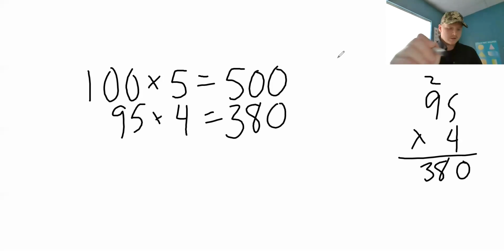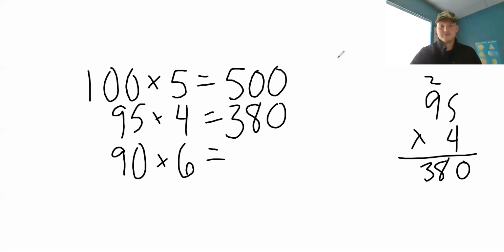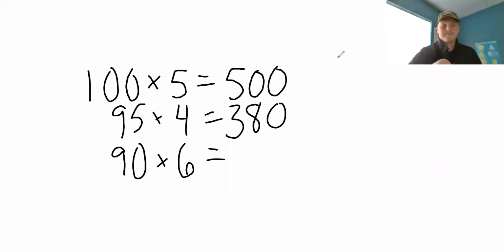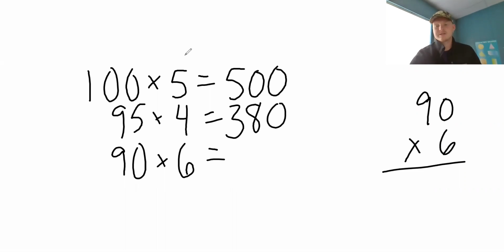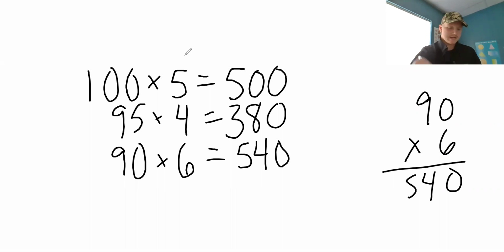And then he scored 90 on 6 tests. 90 times 6. 6 times 0 is 0. 6 times 9 is 54. So 540. And then I have 80 times 5.